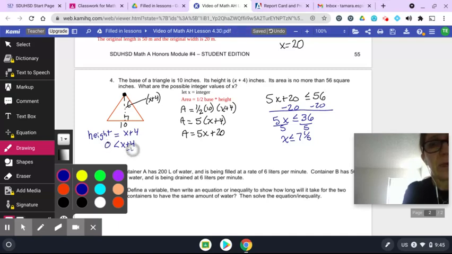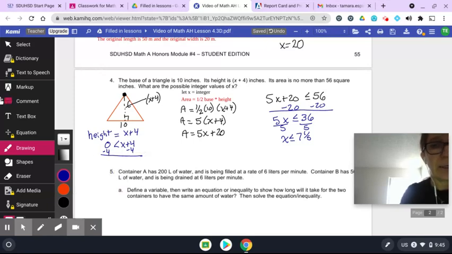Okay, so if I subtract 4, I also know that x has to be bigger than -4. So I have two extremes here. I have this one I have to deal with, and I have this one I have to deal with. So x is in between -4 and 7 and 1/5.